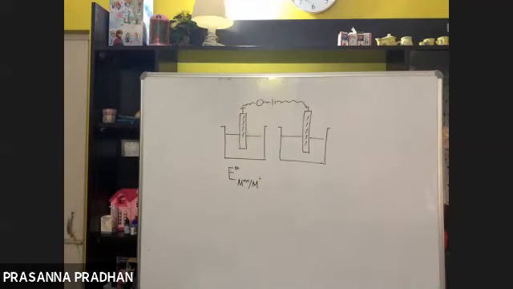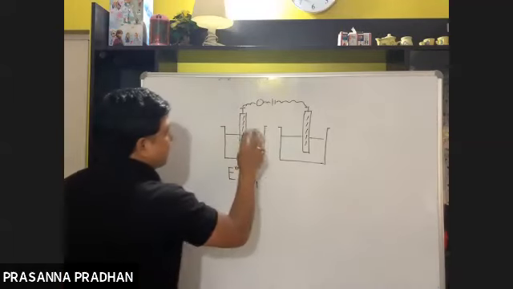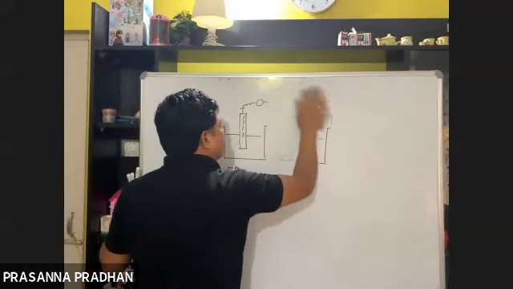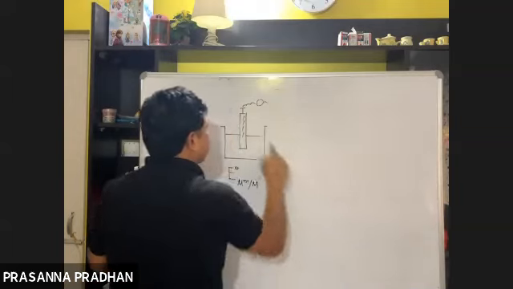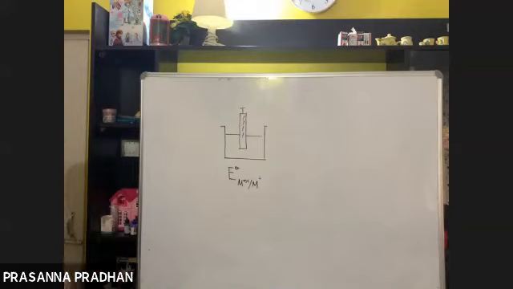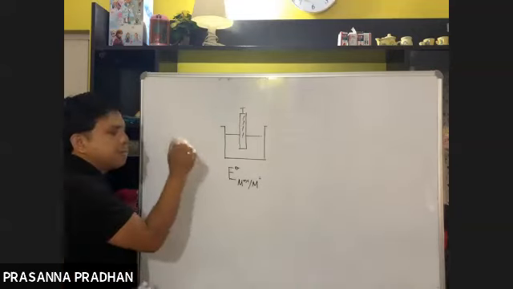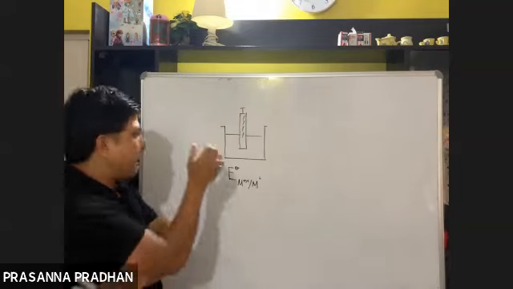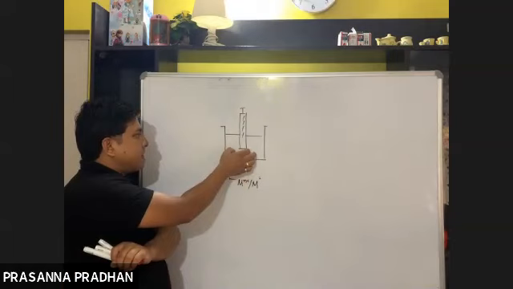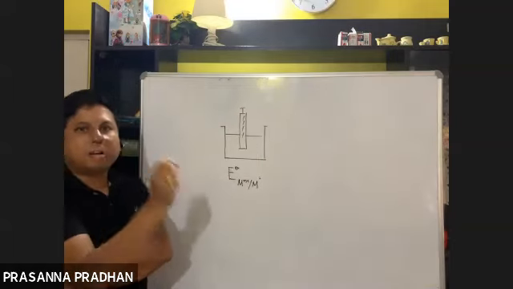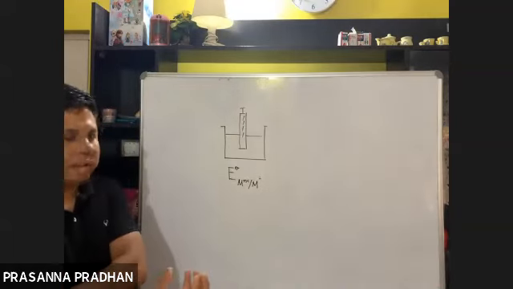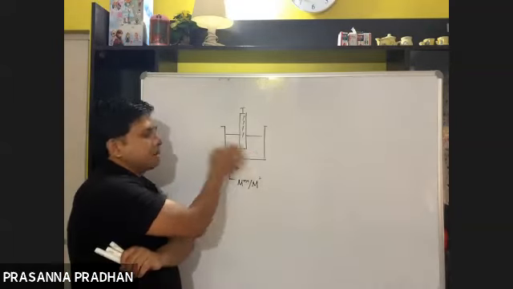The problem is a half cell cannot work on its own. That means if I just try to measure the oxidation or reduction potential value of this half cell, it is not possible to do so. So the absolute value of standard reduction potential or electrode potential cannot be measured, because a half cell cannot work on its own.